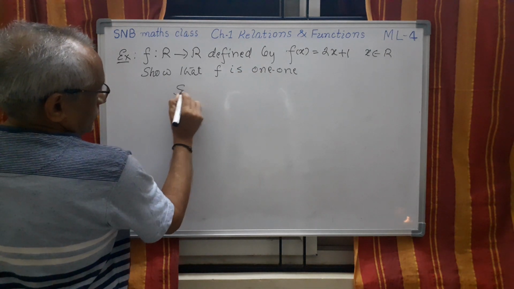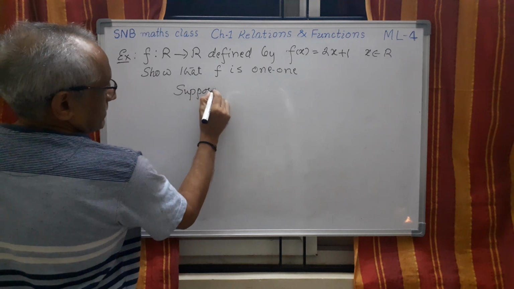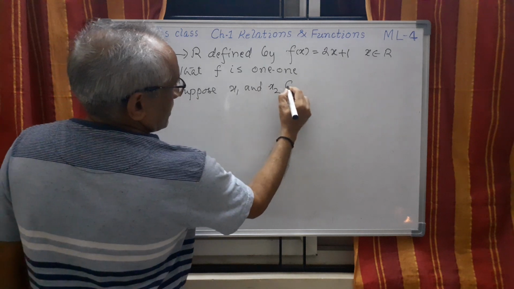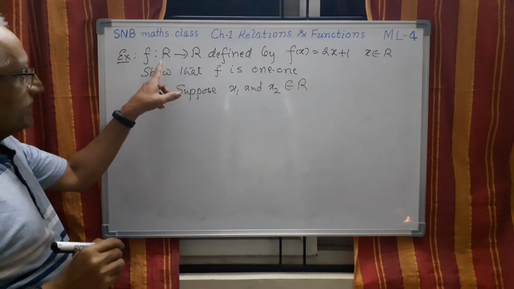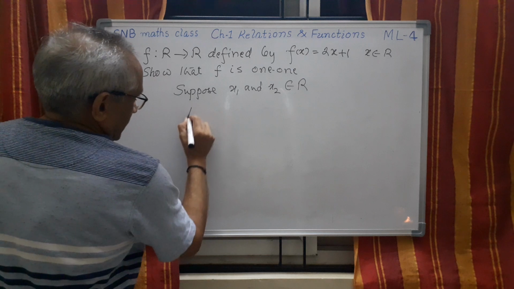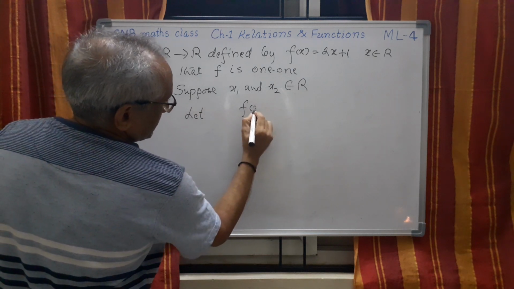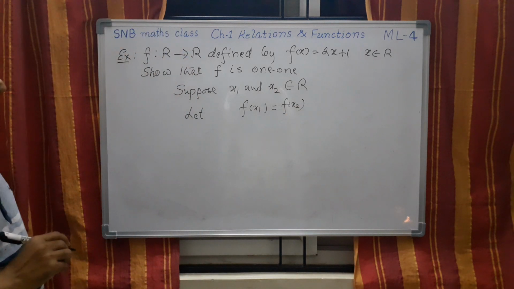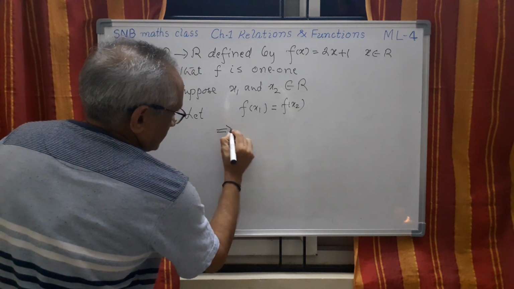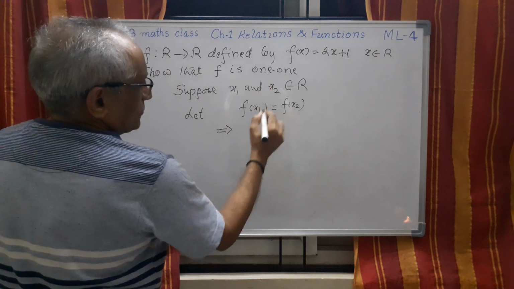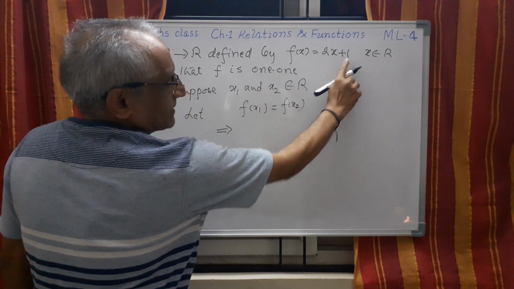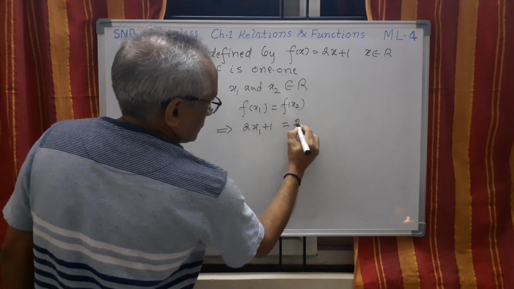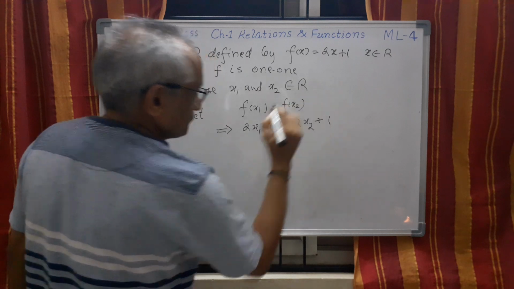So suppose x1 and x2 are in the domain. Let f of x1 equal to f of x2. So this implies 2x plus 1 is the definition, so it is 2x1 plus 1 equal to 2x2 plus 1.